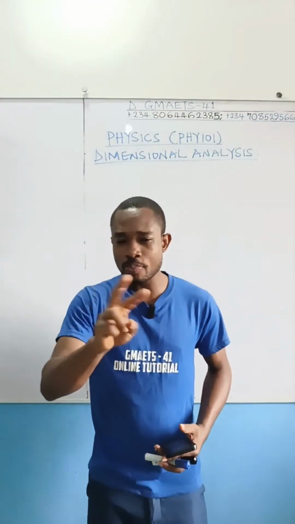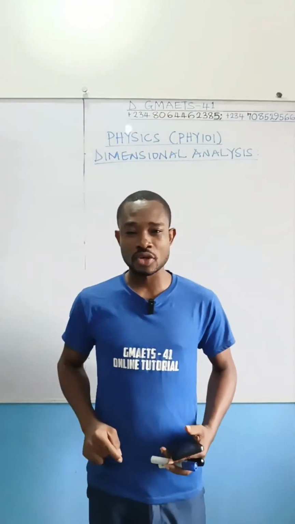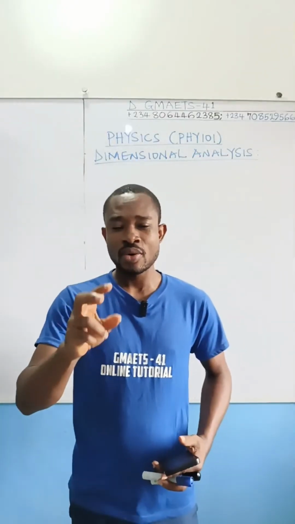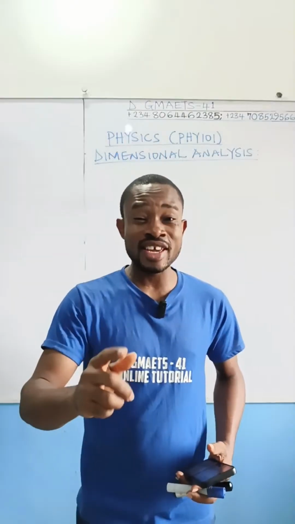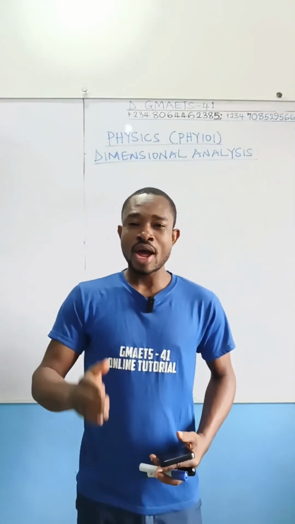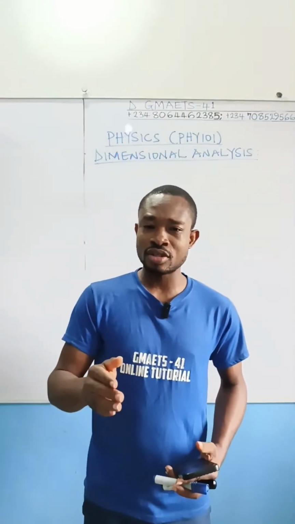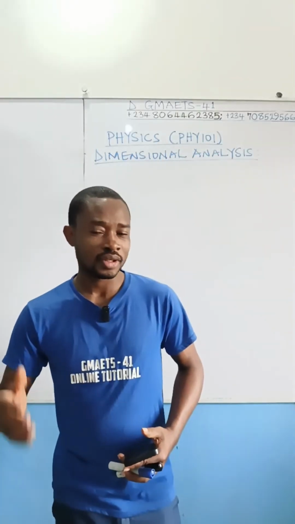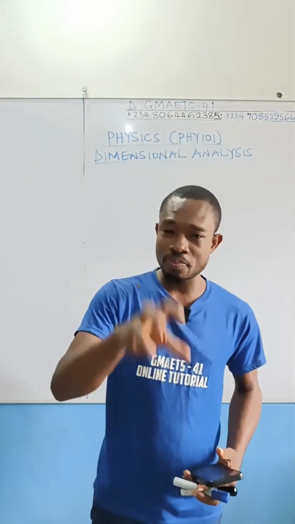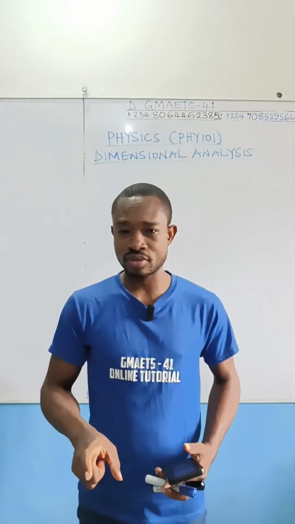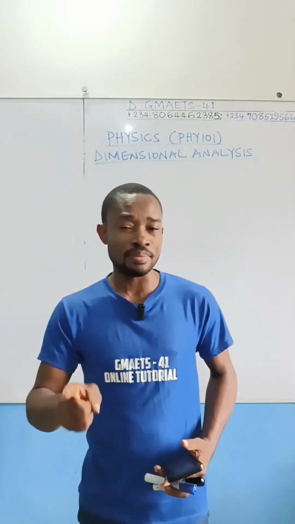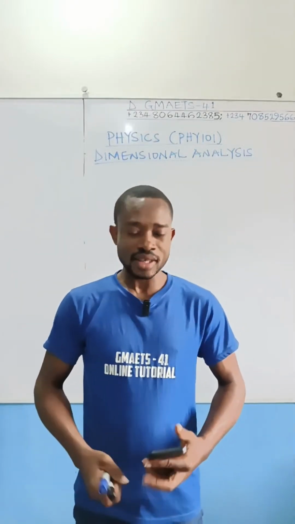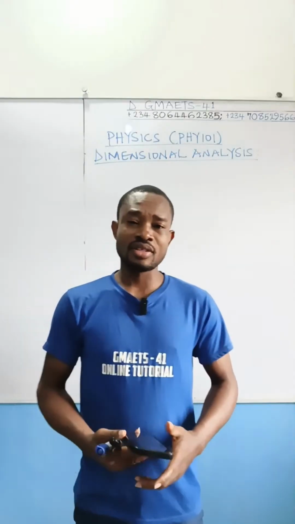Now, there are two key points in this definition you want to take note of. One, whenever you are dealing with the dimension of any physical quantity, you express this dimension as a product. Product of what? That brings in the second important term in this definition: product of symbols raised to certain powers. So I think there are actually three key terms in this.